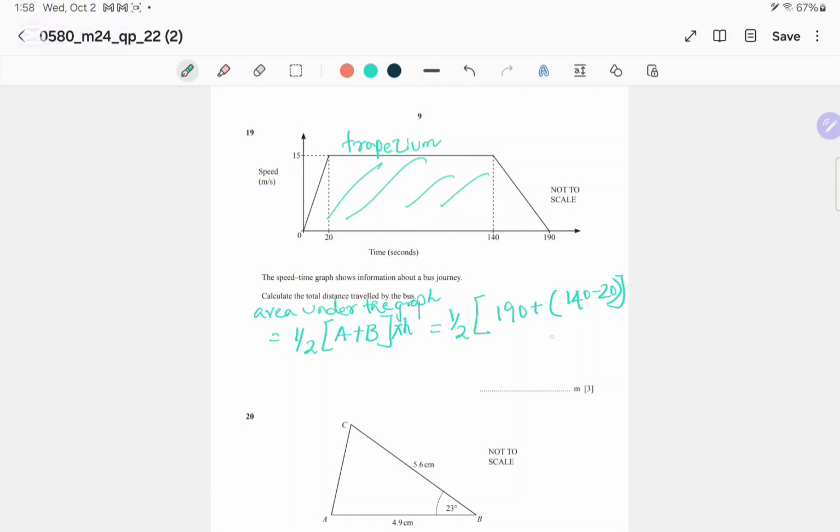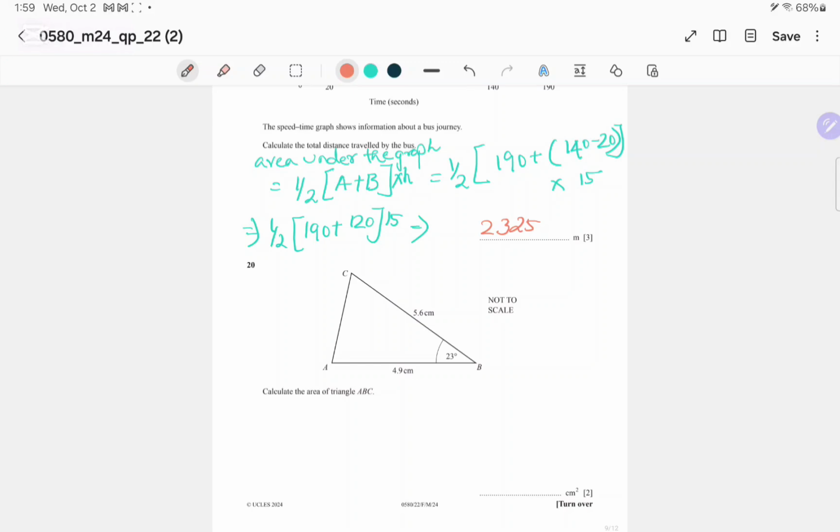Okay, this part into h value, I am making it here. So height is 15. Okay, or 1/2 into 190 plus 120 into 50. Okay, what's your answer you are getting? After calculating, it is 2325 meters. Okay, area under the graph.